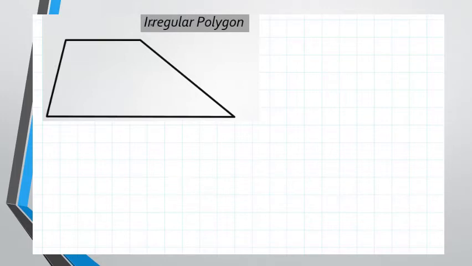In this figure, I would like to determine a formula for an irregular polygon. The whole idea, I would like to determine the sum of the interior angles of this irregular four-sided polygon.